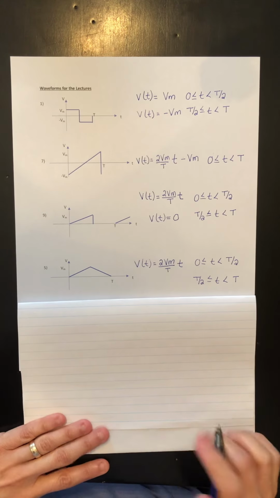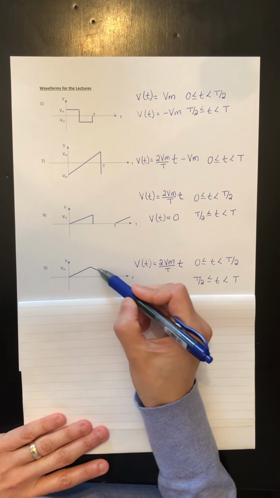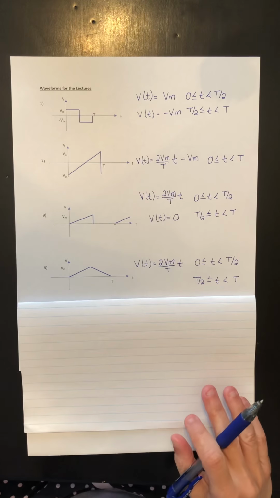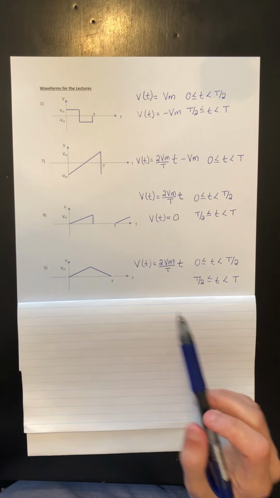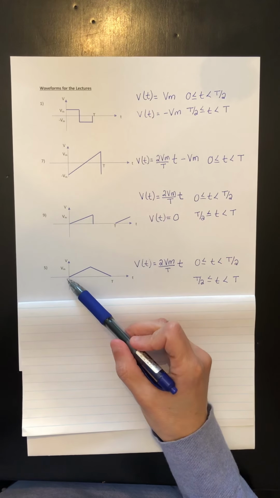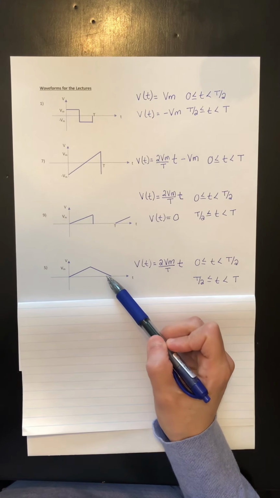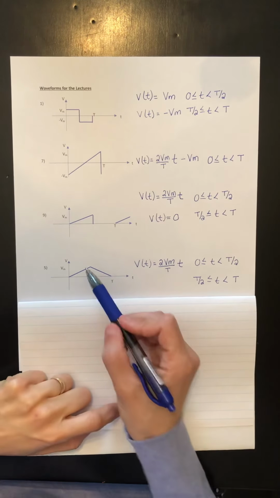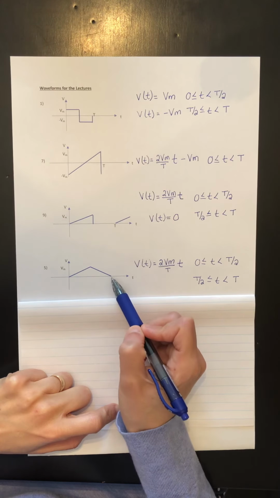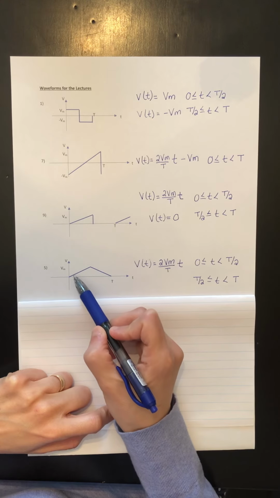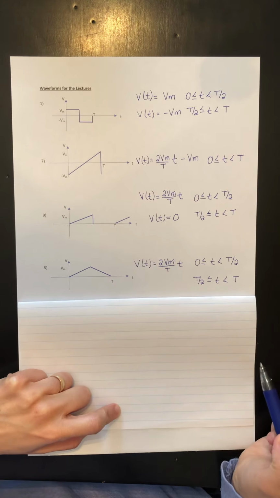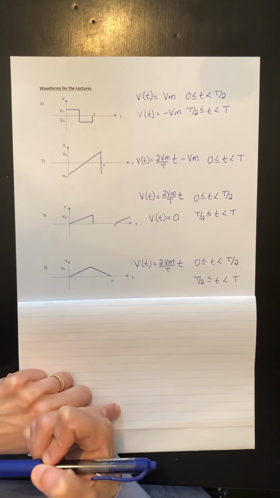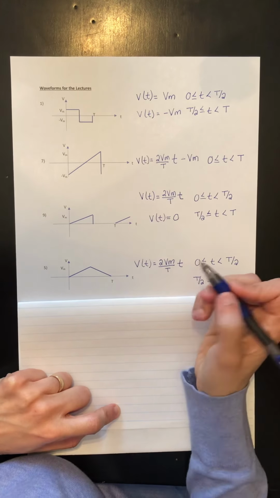Okay? But for this piece, we will definitely have some differences. Okay, what is the main difference for the slope? Using symmetry for the diagram, you should see that the slope here will be the exact negative of the slope here. And that means we can use negative 2 Vmax over capital T for the slope.